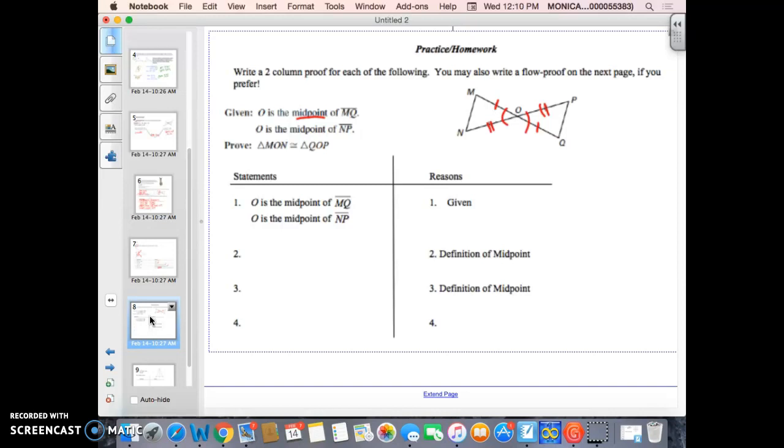So my next statement here is definition of midpoint. So I can say that MO equals OQ. And I can also say that NO equals OP because of midpoint. And then the next statement, there should actually be a 5 here.